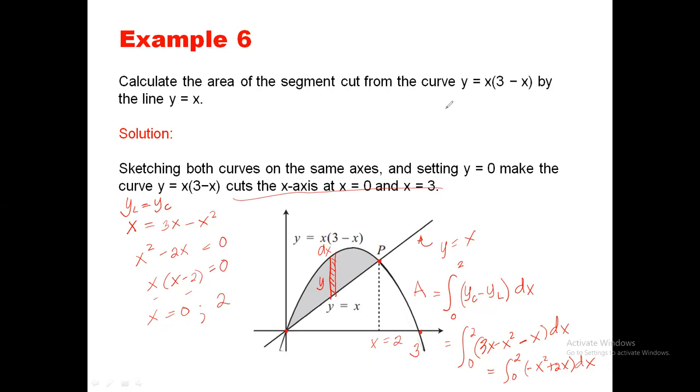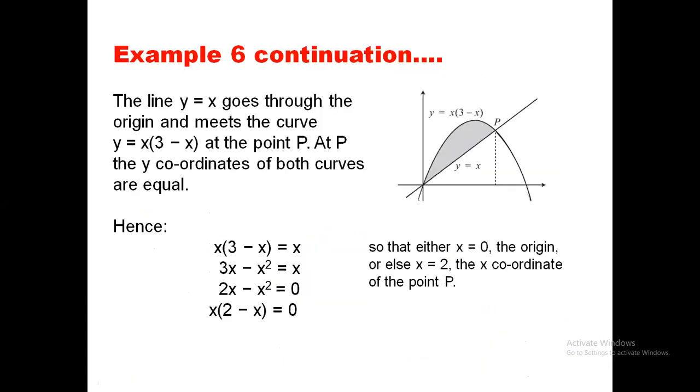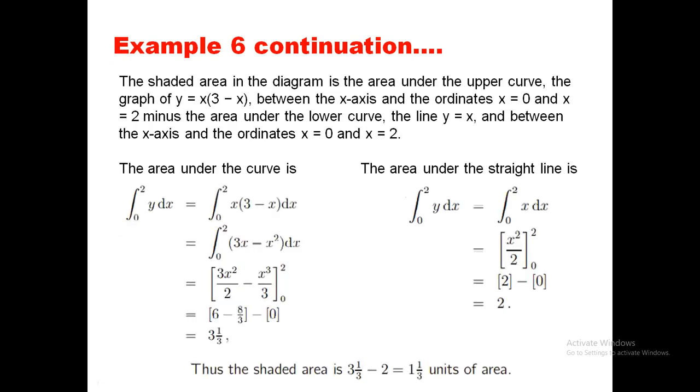Okay, so if there aren't any questions, we'll move to the next slide. Now, this is the process of determining the points of intersection. I've shown it already to you in the previous slide. And you may find the area using this particular procedure also.